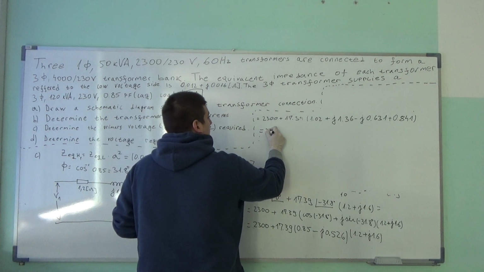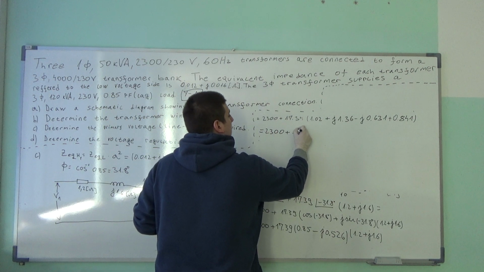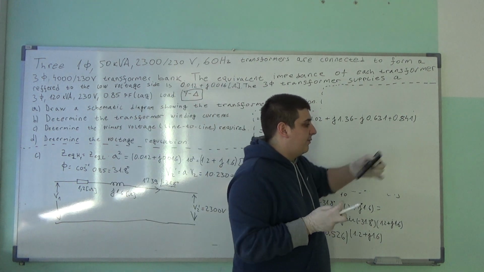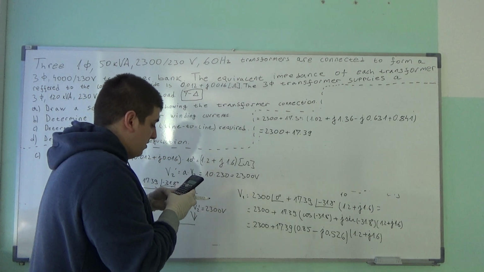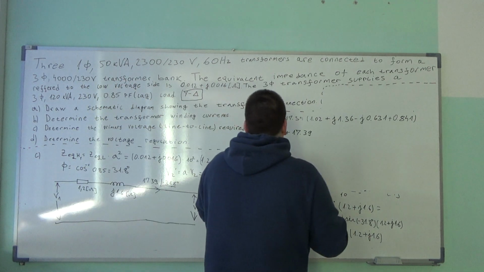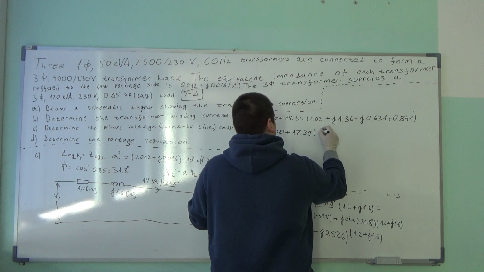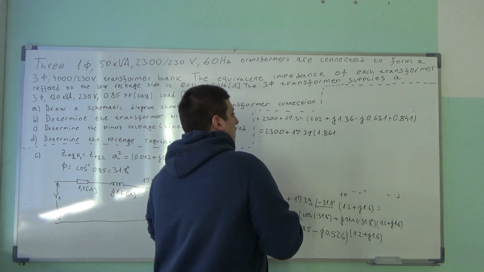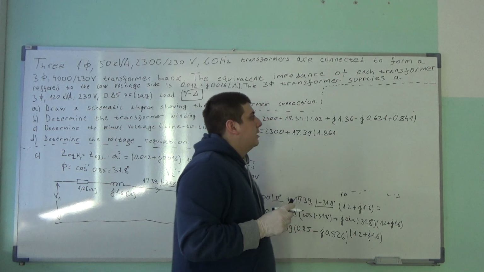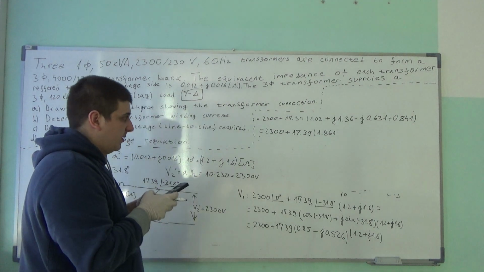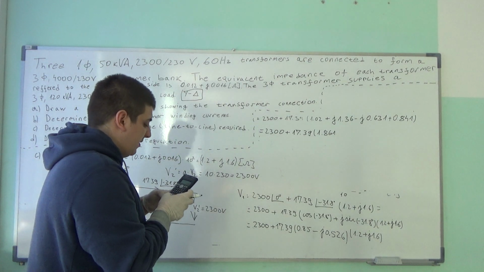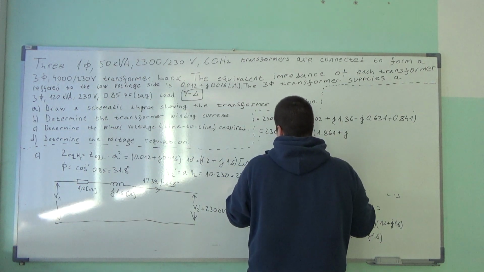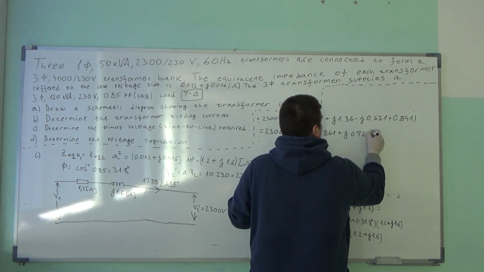Okay, I'm going to write this down. Now 1.02 plus 0.841 is equal to 1.861. 1.36 minus 0.631 is equal to plus j times 0.729.